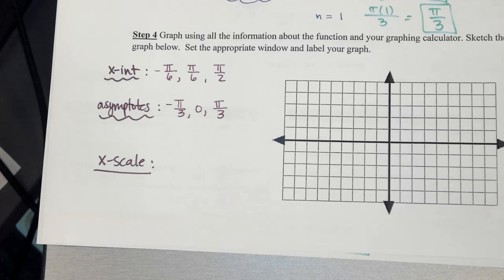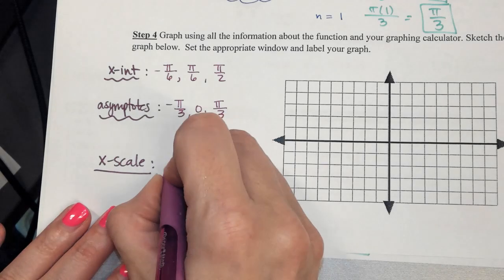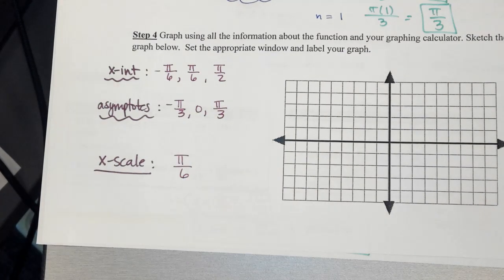Pi/2. So what's our scale? Pi/6 is what I would do. Does that make sense? The pi/6 part? You want to count by something so that you get all of these key values in here. Okay? So that's why we do want to count by pi/6.